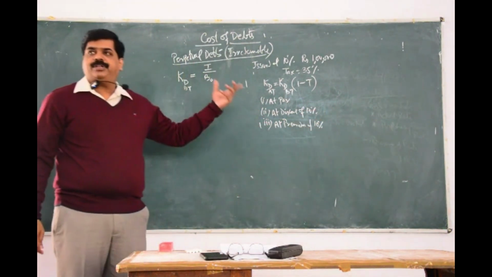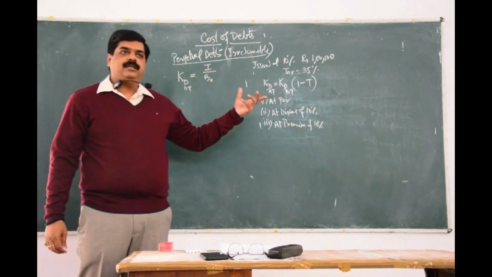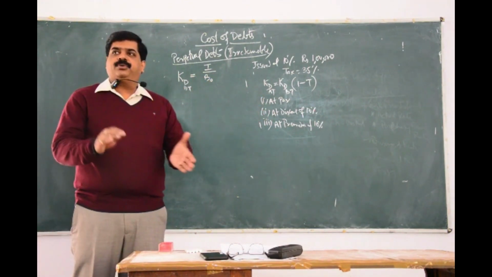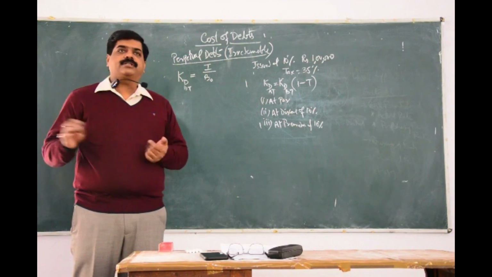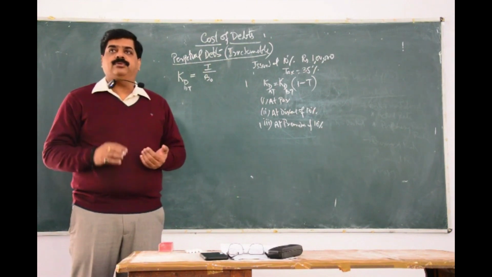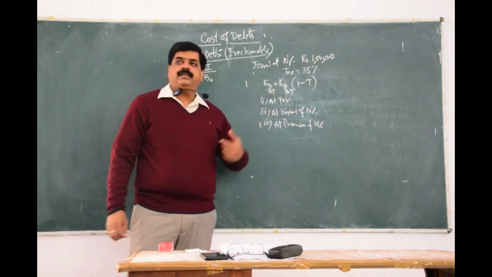That means the same equation we take up in three ways: debt issued at par, debt issued at discount, that is lower than the face value, and debt issued at premium.